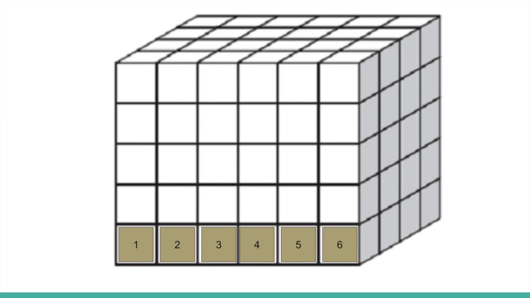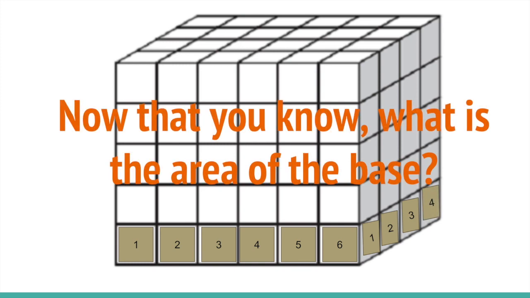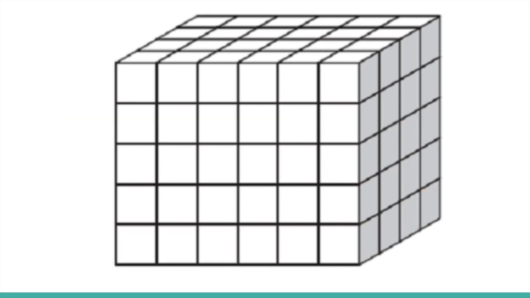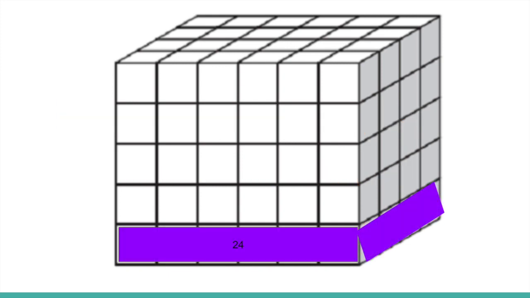We can also see that there are 4 squares going across the other side. Now that you know, what is the area of the base? Right. We know that it is 24 square units.